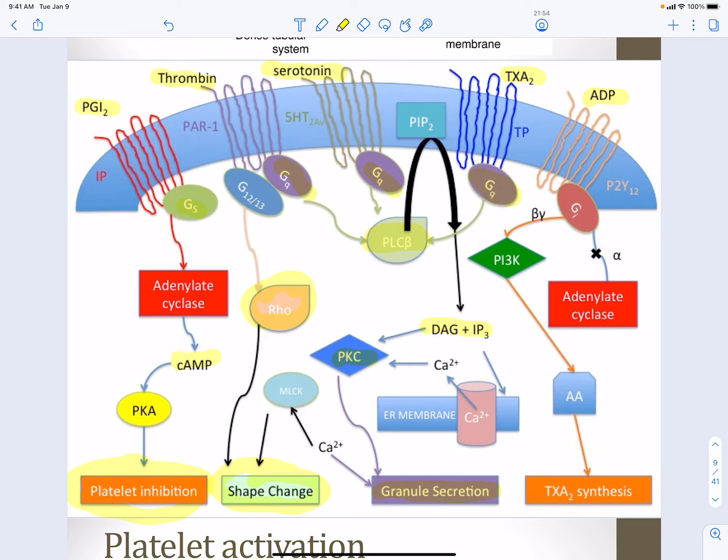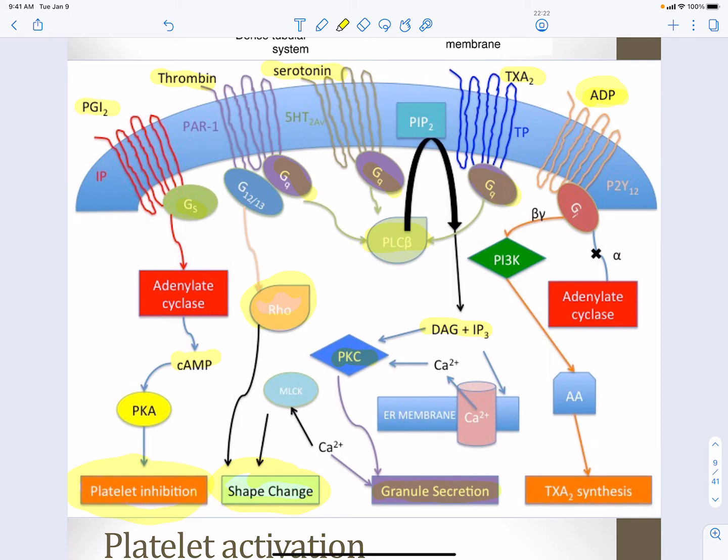And then a very important signaling pathway for your platelets is through adenosine diphosphate. And adenosine diphosphate is going to use the P2Y12 G protein receptor. And this is an ADP receptor G protein for purinergic receptors. It's a family, and this 12 one happens to be on the surface of the platelet.